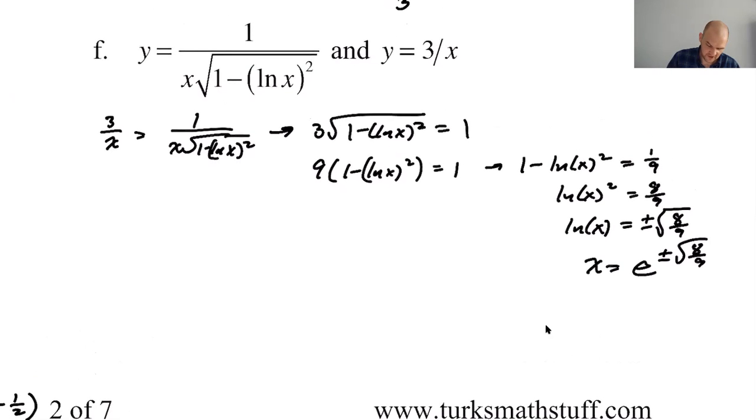I don't know which curve is on top. I tend to think 3 over x, because it's like 1 minus something, so it's getting smaller. 1 divided by something smaller than x, 3 divided by x. I want to say 3 over x is on top, but I'm just guessing.